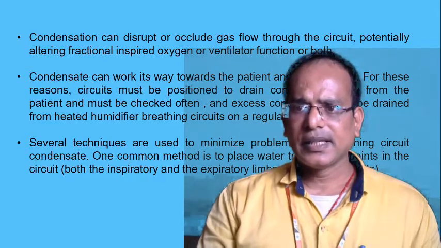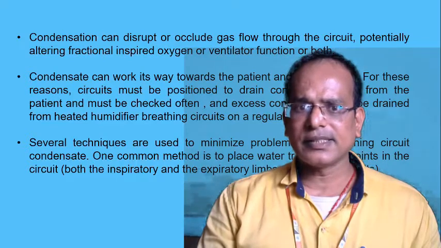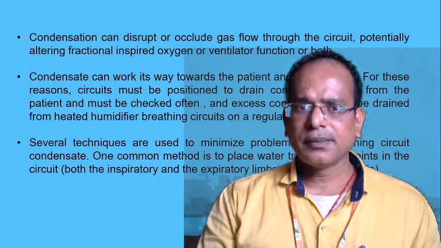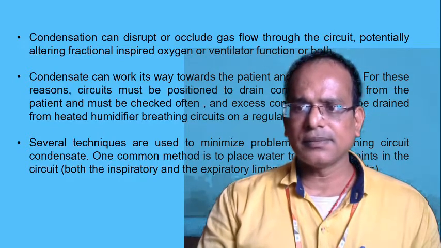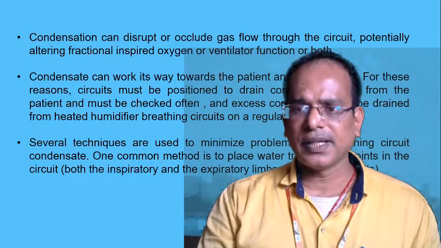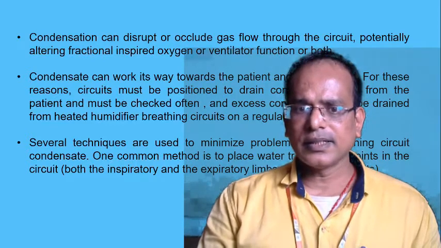For this reason, the circuit must be positioned to drain the condensate away from the patient and must be checked often, and excessive condensate must be drained from the heated humidifier breathing circuit on a regular basis. Several techniques are used to minimize the problem with breathing circuit condensate. One common method is to place the water trap at the lowest point in the circuit, in both the inspiratory and expiratory limbs of the ventilator circuit.